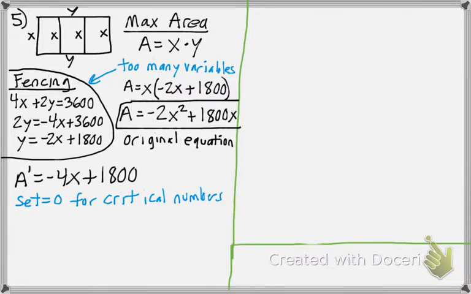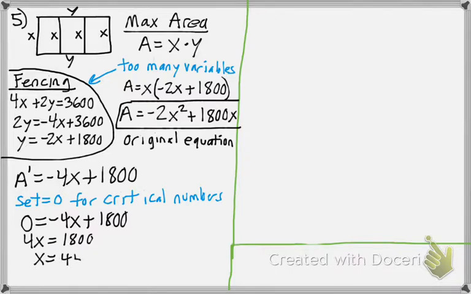So this one shouldn't be too tough. I'm going to add 4X to both sides. So 4X is going to be 1,800. So X is going to be 450.